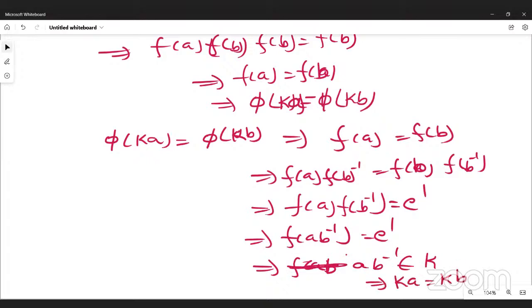That is, whenever phi of Ka equals phi of Kb implies Ka equals Kb, phi is 1, 1.